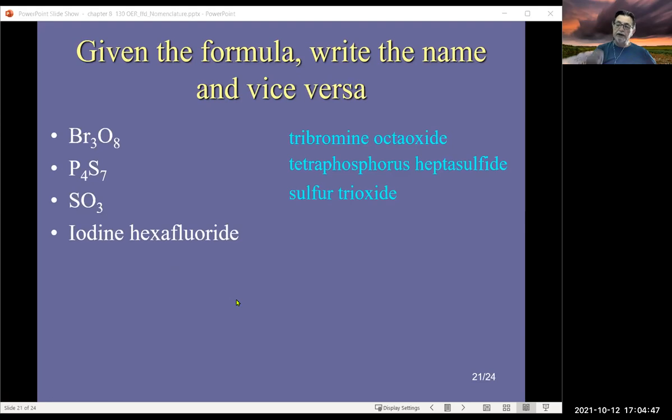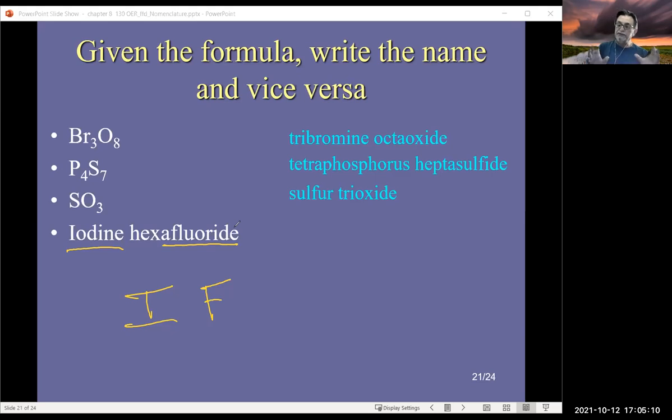Now you're given the name, write the formula. So you just work it backwards. We got iodine, and there's no prefix, so there's one iodine. And then we got fluoride, which now we can write the base formula.